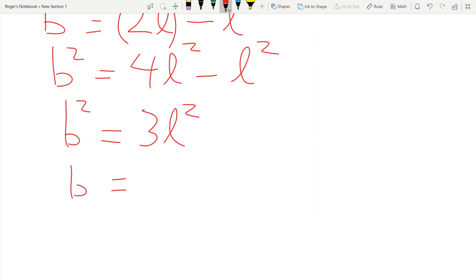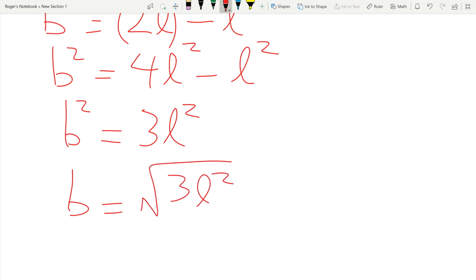So B itself must be equal to the square root of this particular number, which we can simplify down nicely.